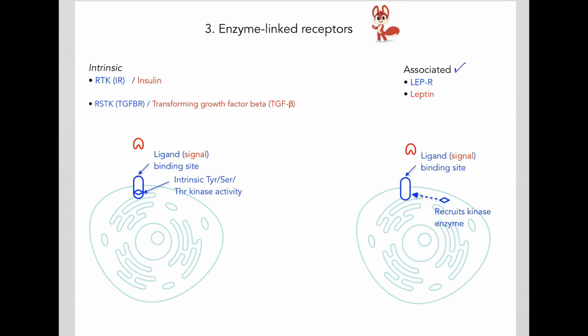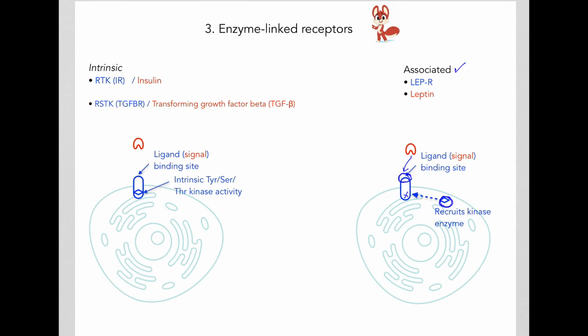In the associated type, the receptor only has a ligand binding site. It does not have a kinase enzyme activity. But what happens, as we'll see in a few seconds, is that when the ligand, the signal, binds to the receptor, it recruits a cytoplasmic kinase enzyme.